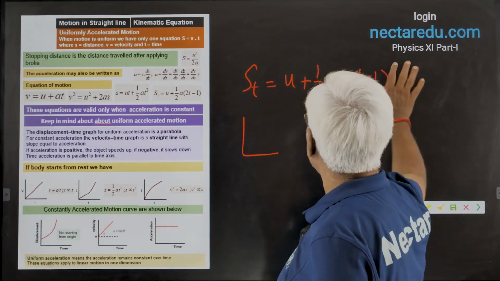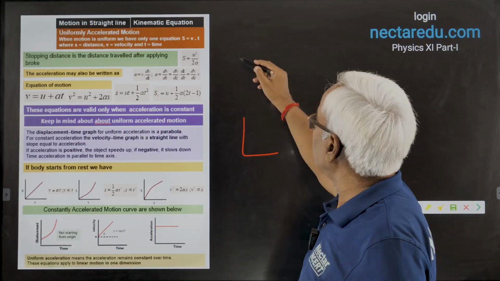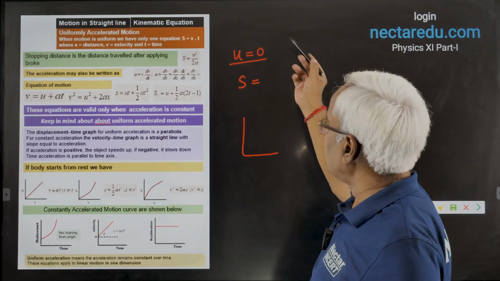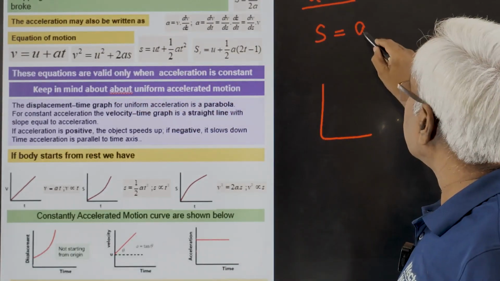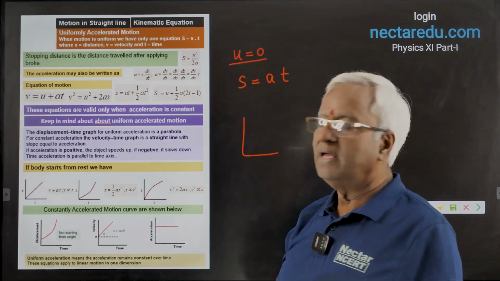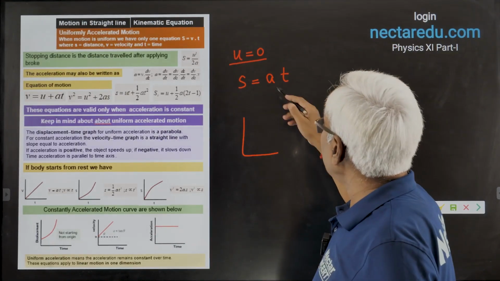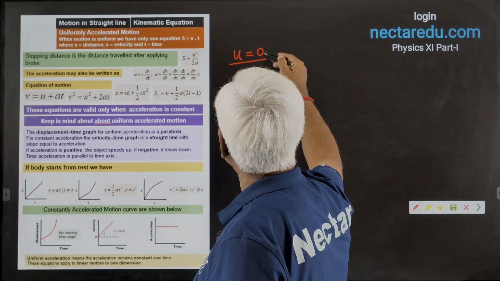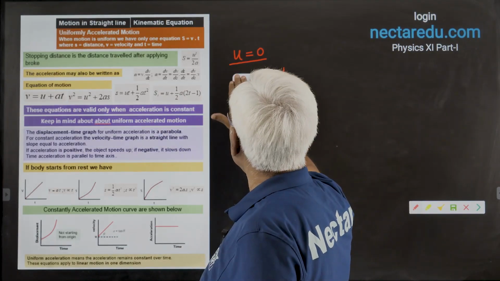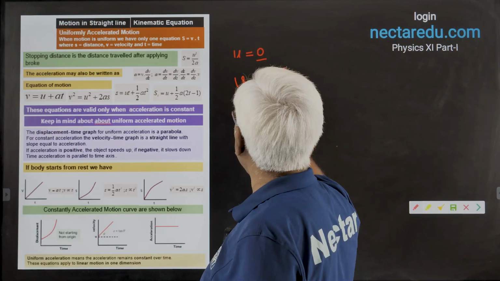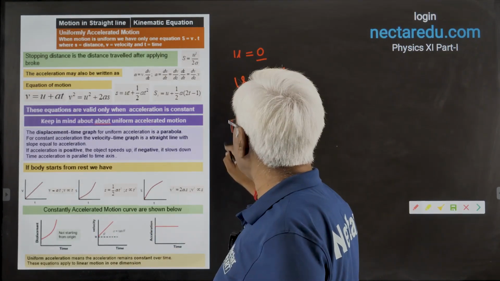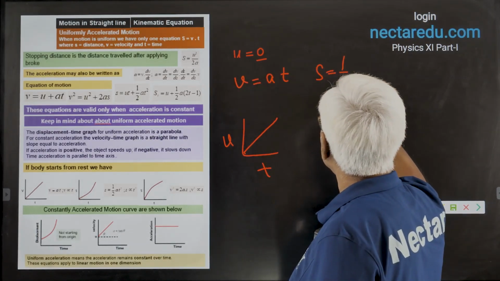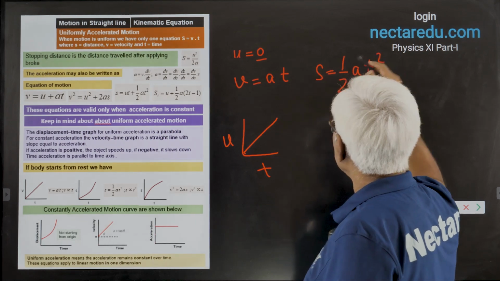And if you go ahead with one very condition that u is equal to 0, then from v equal to u plus at, v equal to at, the v-t relation will be a straight line, because here v is proportional to t. s will be equal to, first term goes to 0, s will be proportional to t square.